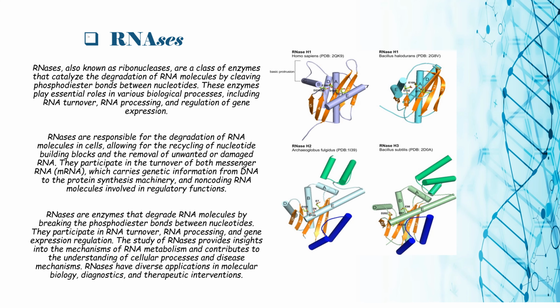RNases, also known as ribonucleases, are a class of enzymes that catalyze the degradation of RNA molecules by cleaving phosphodiester bonds between nucleotides. They participate in the turnover of both mRNA, which carries genetic information from DNA to the protein synthesis machinery, and non-coding RNA molecules involved in regulatory functions.